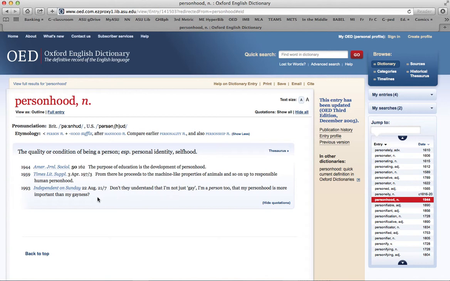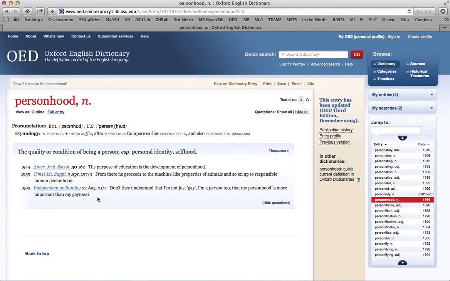So when you think about how the word personhood has been used recently in legal disputes to include unborn fetuses in the sense of personhood, to say that they have personhood, that definition seems more like this later one.